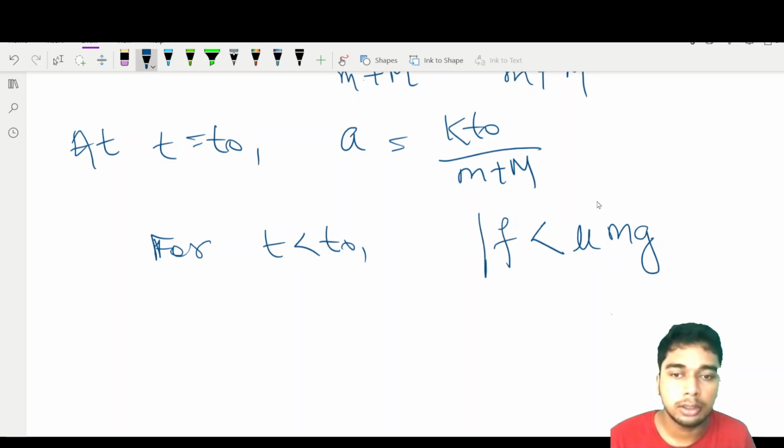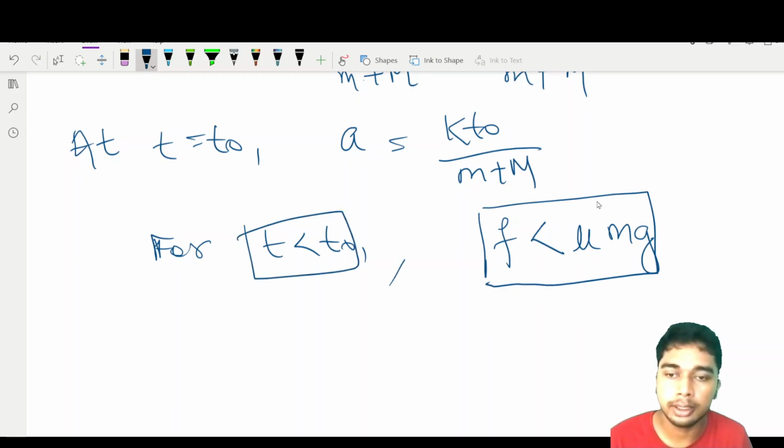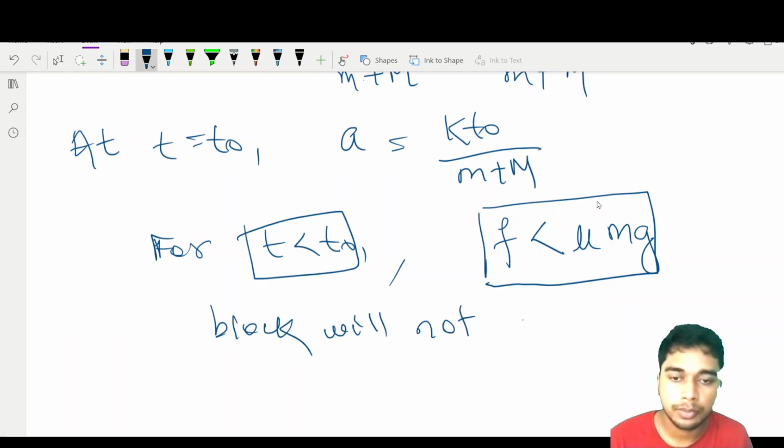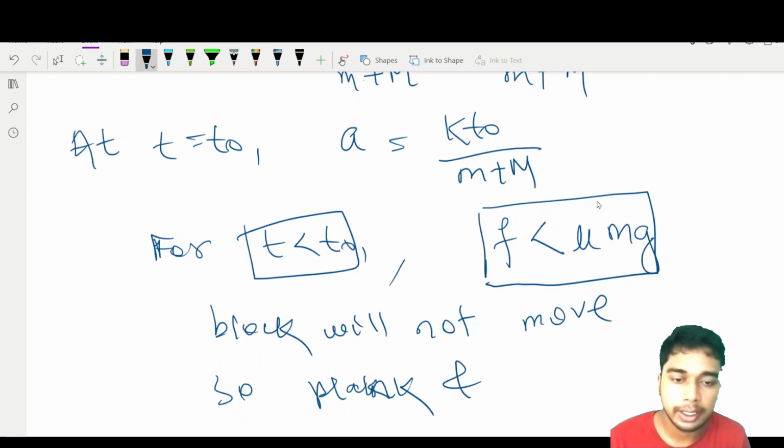If this condition is satisfied, the block will not move, and the plank and block will move together.